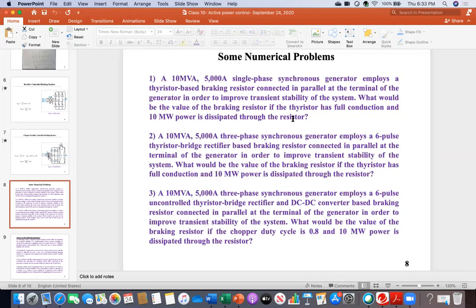Everybody see, that is the three-phase apparent power, 10 MVA, and 5000 ampere is the line current, RMS value of course. So S equals root 3 VL IL. Did you write S equals root 3 VL IL? And then the VL value should be 1154.70.